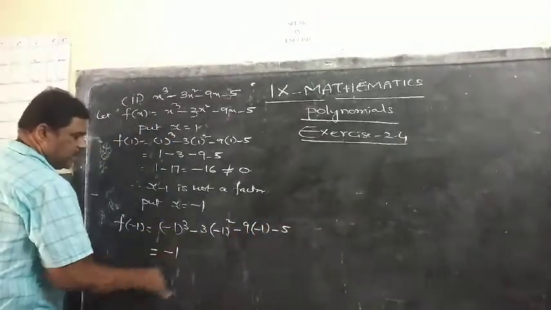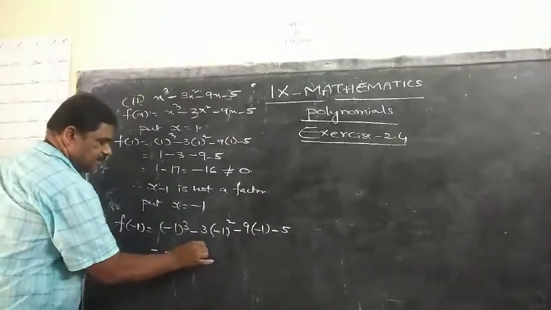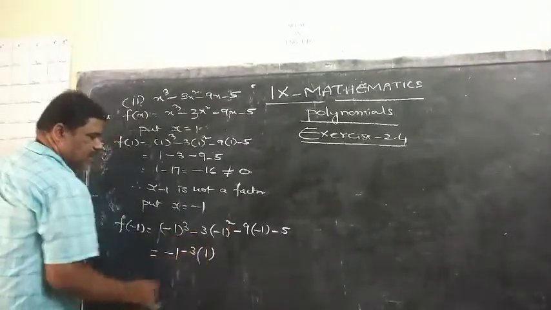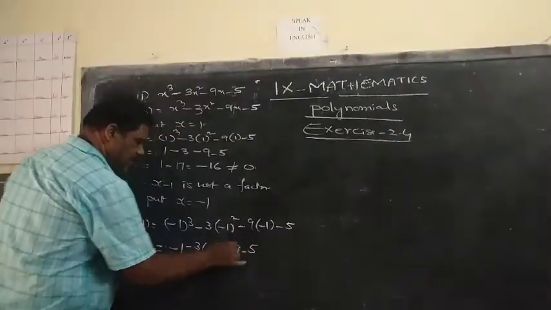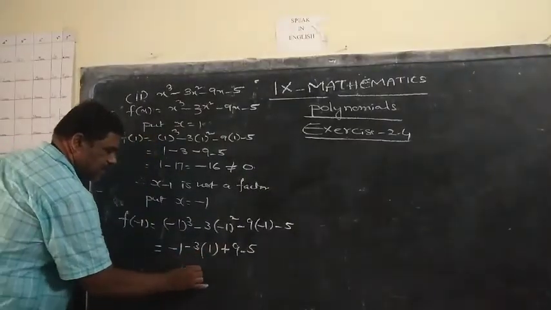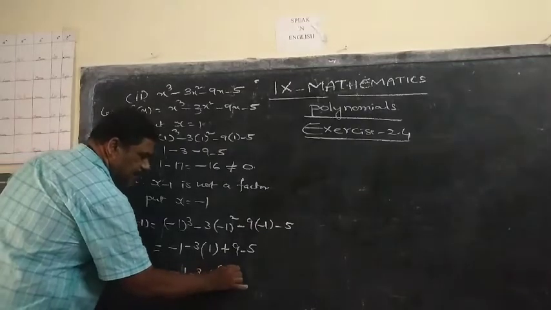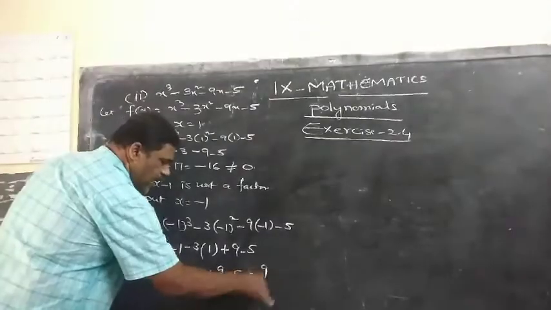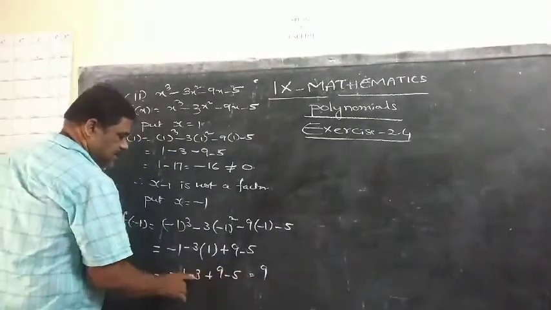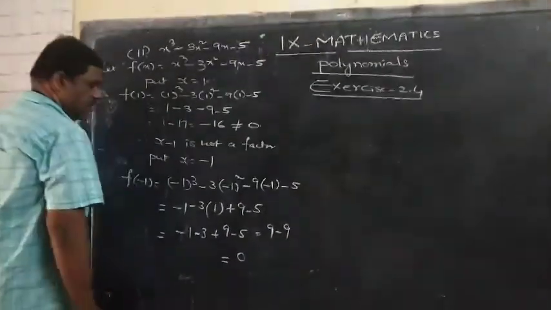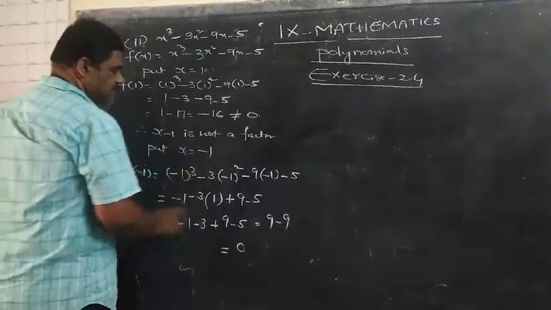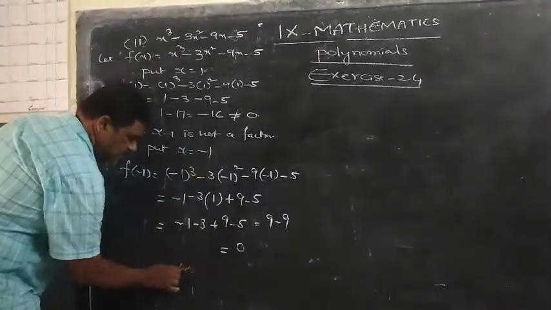Minus 1 whole cube is minus 1. Minus 3 into minus 1 whole square is minus 3. Minus into minus is plus 9, minus 5. Minus 1 minus 3 minus 5 adds up to minus 9, and plus 9 gives 9. So 9 minus 9, we will get 0 as the answer. So on substituting x is equal to minus 1, we got 0.